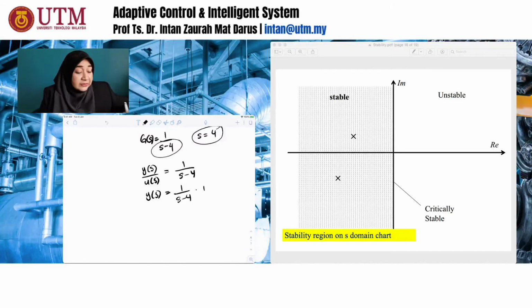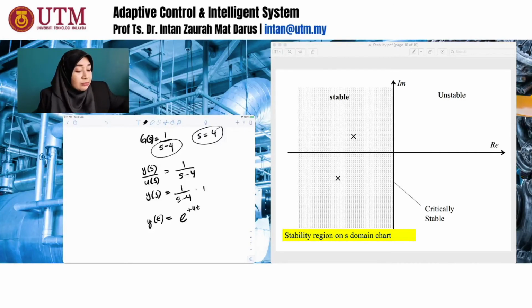So you have seen that if I take the inverse Laplace of Y(S), that's going to give me Y(T). The inverse Laplace of 1 over S minus 4 will give me exponential of positive 4t. Positive 4t will give you a very unstable system, because it will give a positive exponential value, all right?